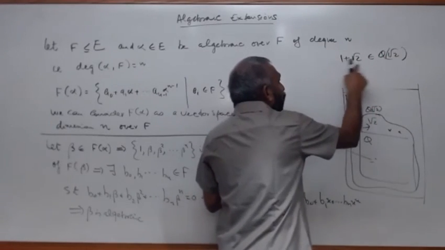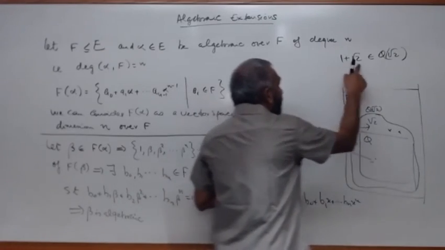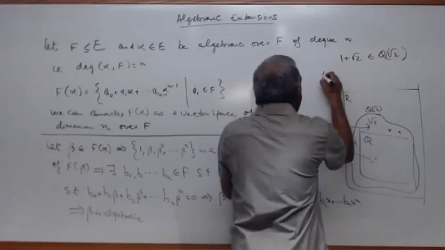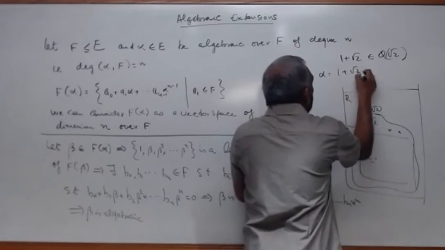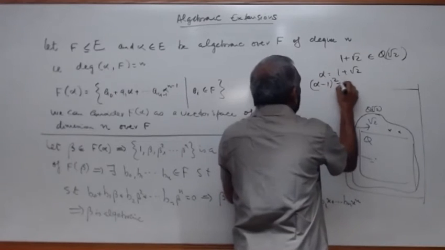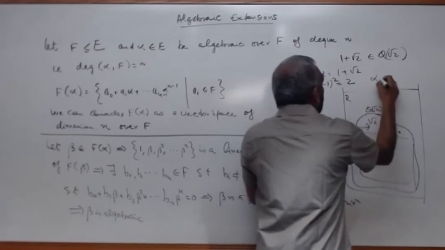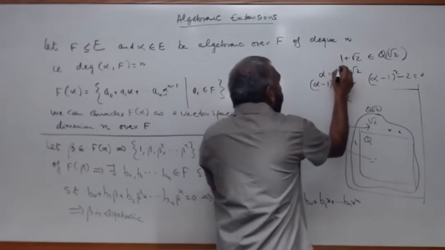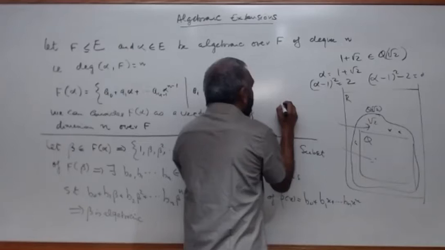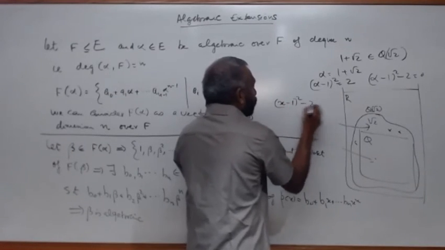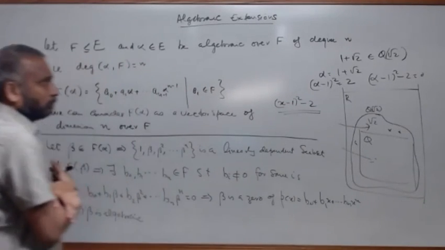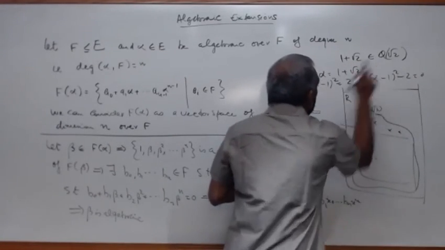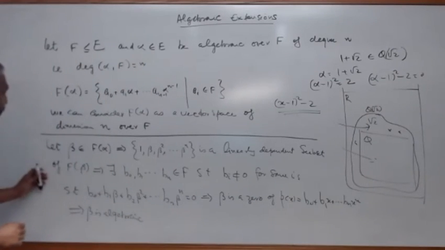Our claim is that this is algebraic because it is an element from here, just like beta. If alpha is equal to 1 plus root 2, then (alpha minus 1) square is equal to 2, so (alpha minus 1) square minus 2 is equal to 0. So 1 plus root 2 is a zero of (x minus 1) whole square minus 2. So 1 plus root 2 is algebraic over Q. That is exactly what I am saying here.